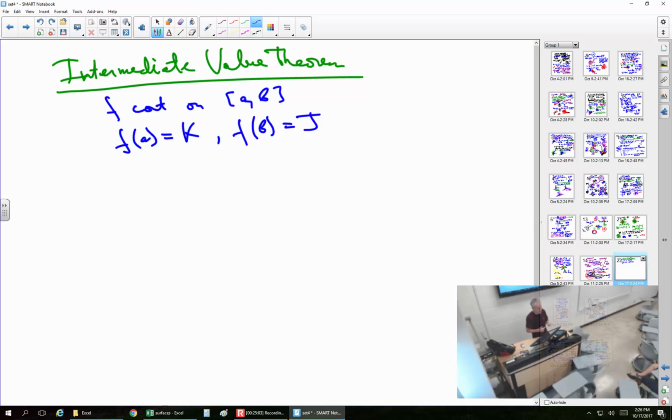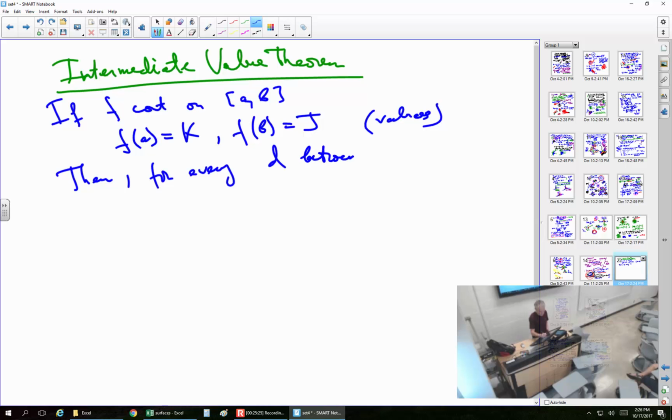It is intermediate. So between these two values, the intermediate values are also taken by the function. For every intermediate value, say d between k and j, there is a c in [a, b] such that f(c) is equal to d.